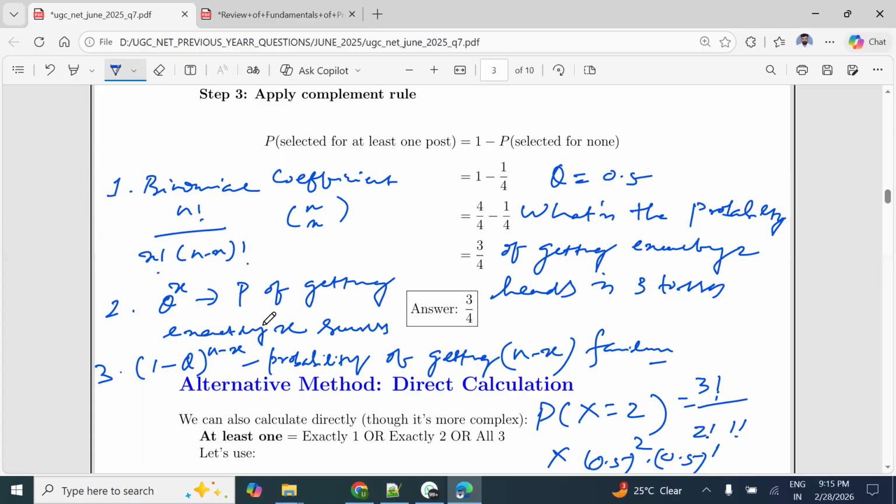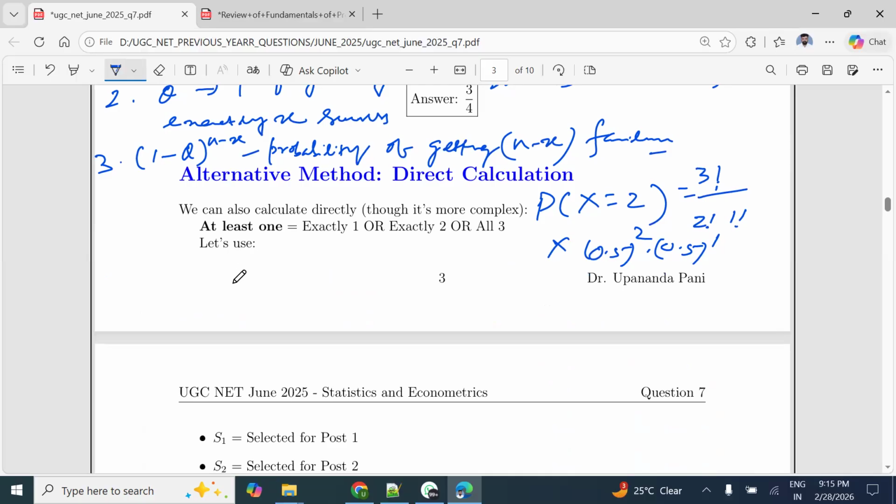So what will be the final answer? 3 factorial upon 2 factorial into 1 factorial is how much? 3, right? Then into 0.5 squared, which is 0.25.